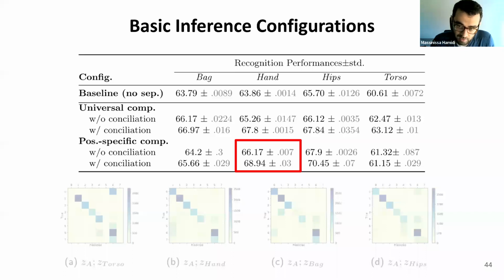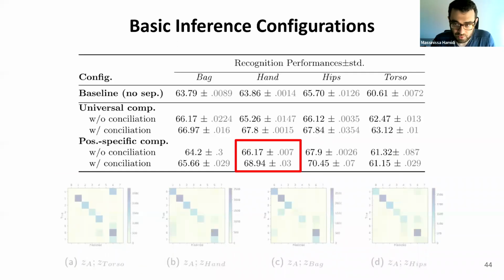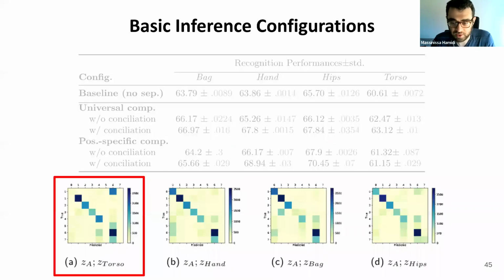So, universal components on the one hand, hand-specific components on the other hand, as inputs. As we saw, there is improvement with the conciliation phase. So the conciliation phase is important, and we can also see that the universal components are able to provide, in some cases, better results than position-specific components. So it depends on the activity.